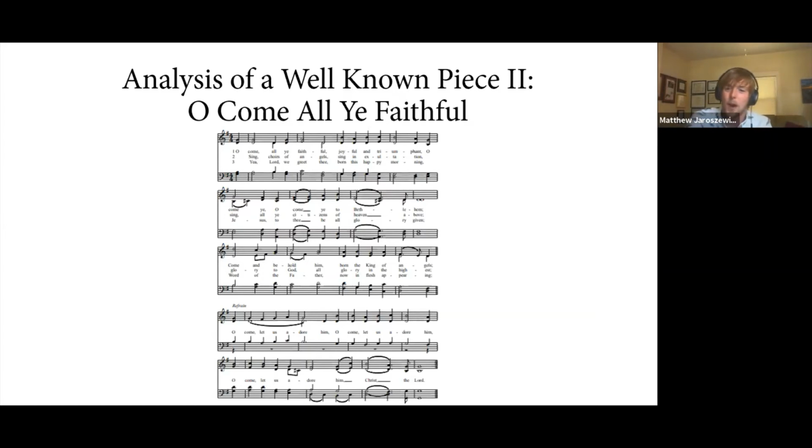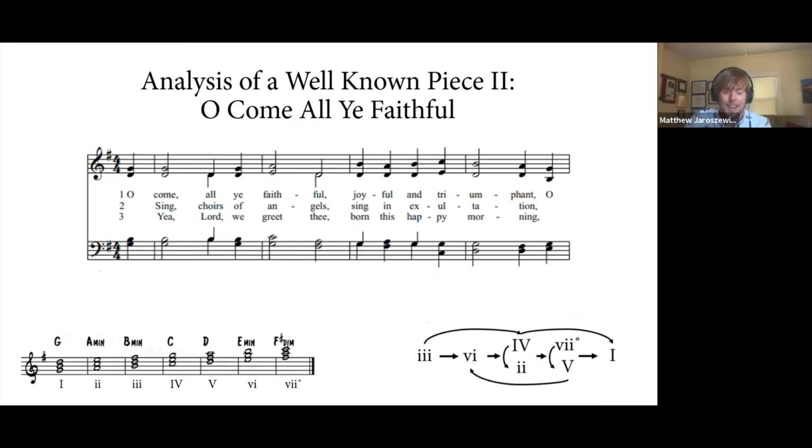So there you go. O Come All Ye Faithful. Now, this is in the key of G major. So in the bottom left-hand corner of your screen, you have the diatonic triads of G major. Our one chord is going to be a G major chord. Our two chord is going to be A minor. Our three chord is B minor.